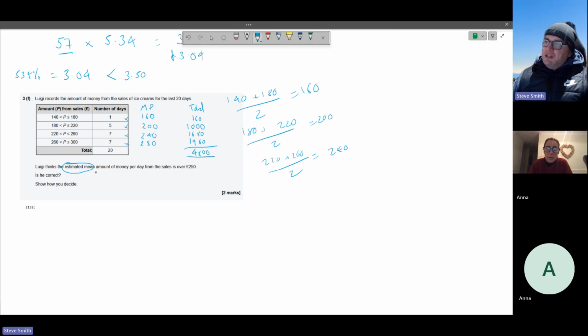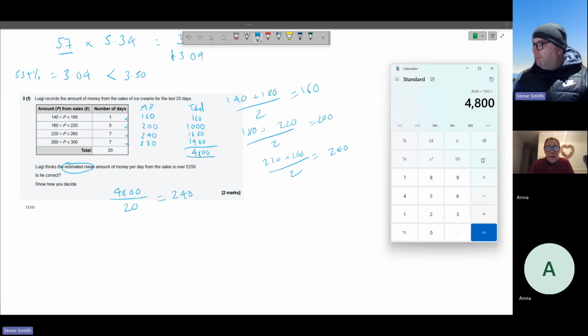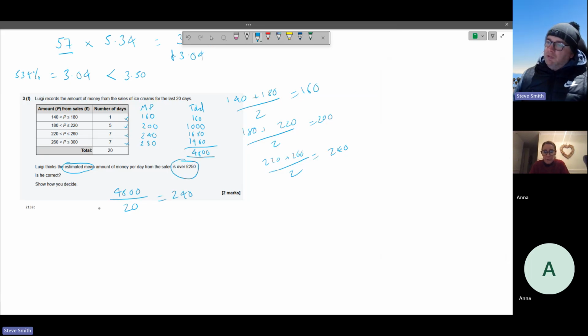So Luigi thinks the estimated mean per day was over 250. So now we've got 4,800 divided by 20 equals £240. So he thought his amount was going to be over 250. So is he correct? Not correct.